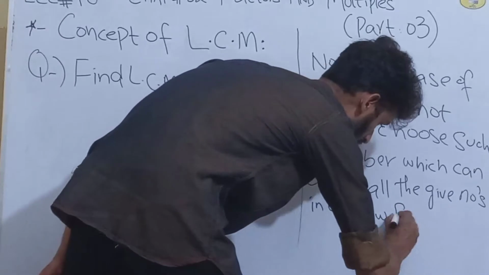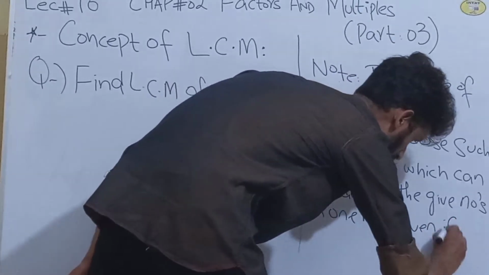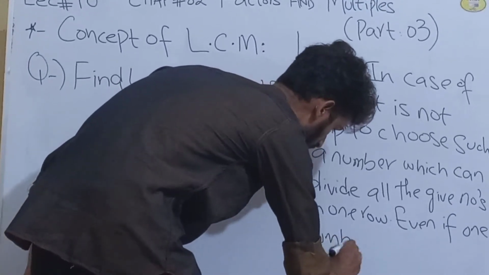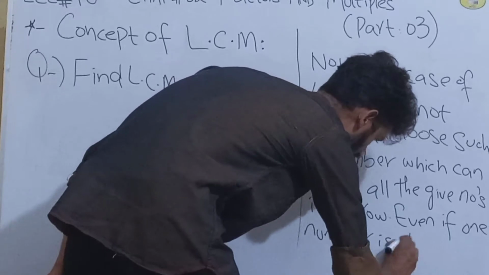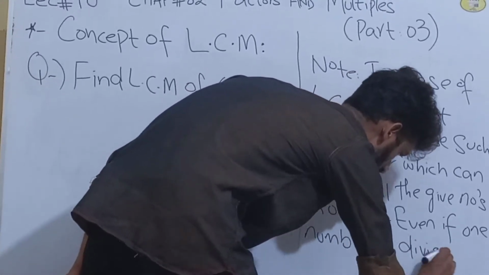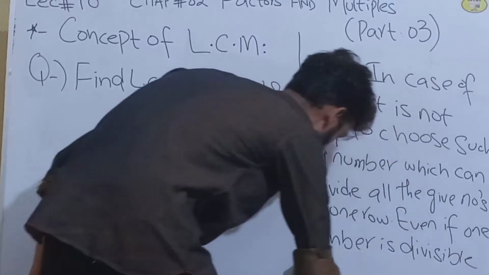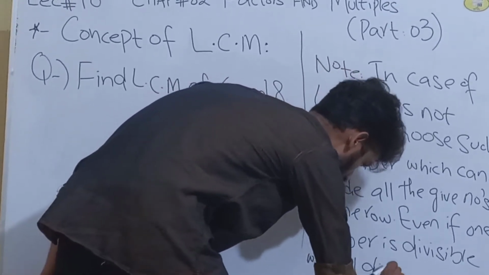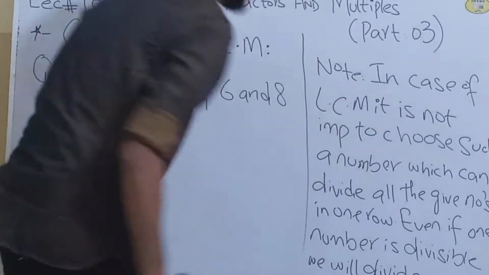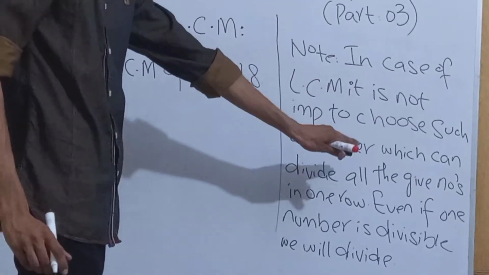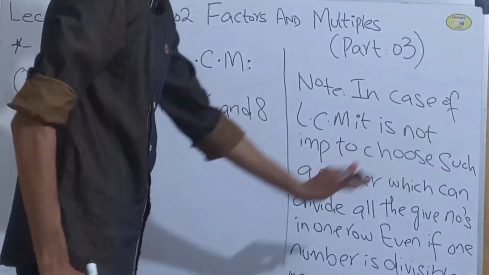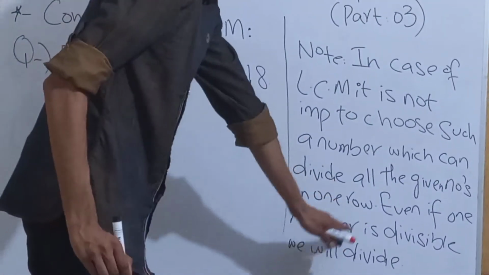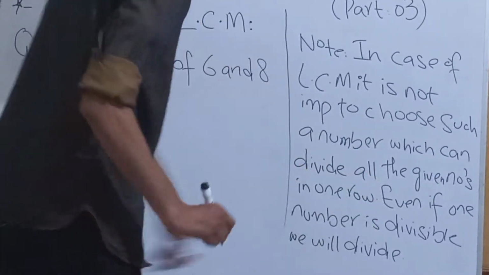Even if one number is divisible, we will divide.